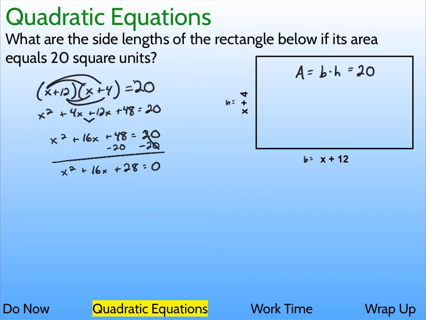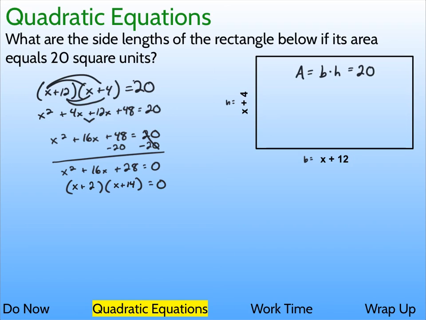So now let's try to factor this thing. First off, there is no greatest common factor. So we're looking to see if we can break it into this. And what we want to do is we want numbers that multiply to 28 and add up to 16. These aren't too terrible. It's actually just going to be x plus 2 and x plus 14.